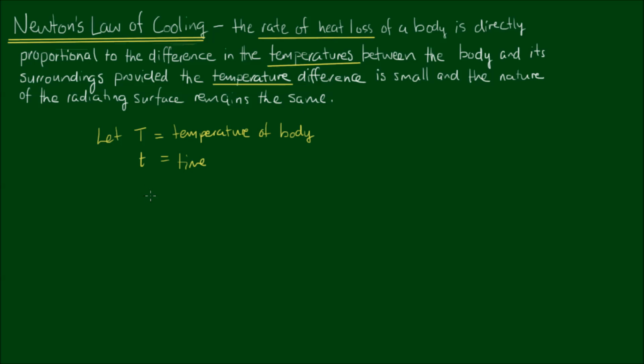So the rate of temperature loss is going to be dT, d big T on d little t, and it's proportional to the difference in temperatures between the body and the surroundings. Now we'll let T sub S equal the temperature of the surroundings.